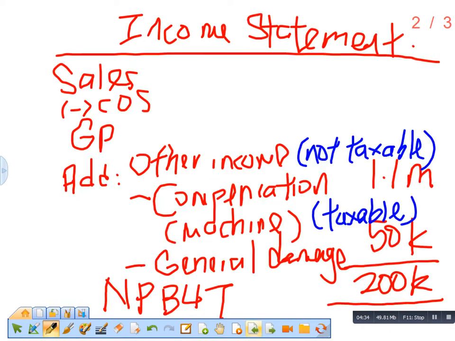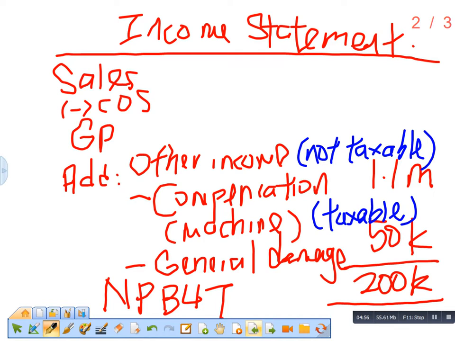Okay, refer back to here. The 1.1 million is actually not taxable, but you already included it in your profit and loss, correct? So if this is not taxable, usually for tax computation we will take it out. Alright, so let's say you take out this 1.1 million, what will happen to your profit here?